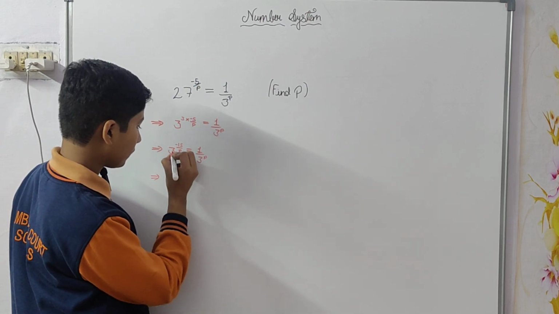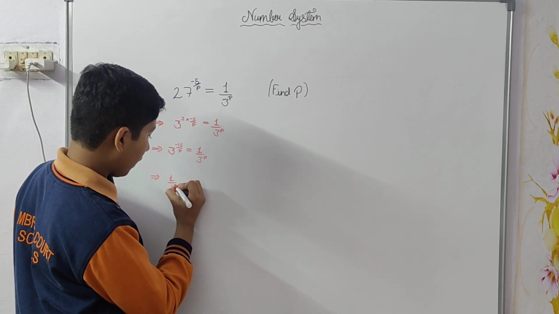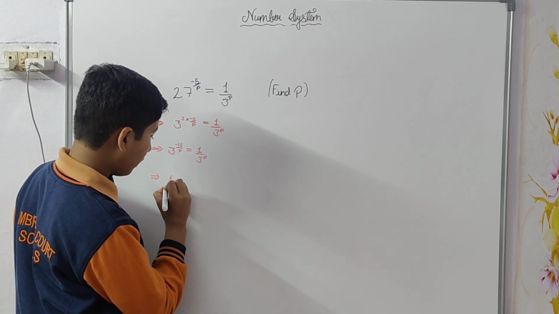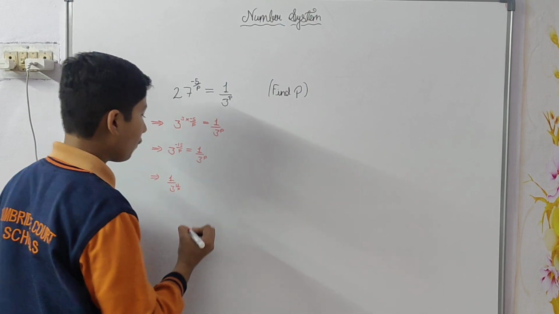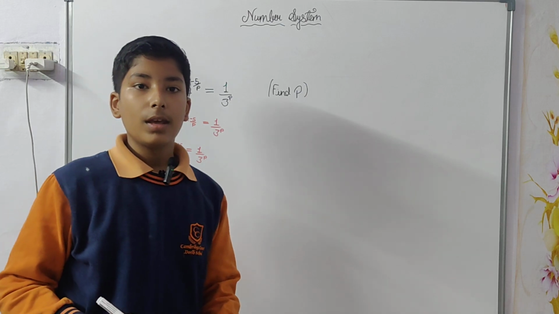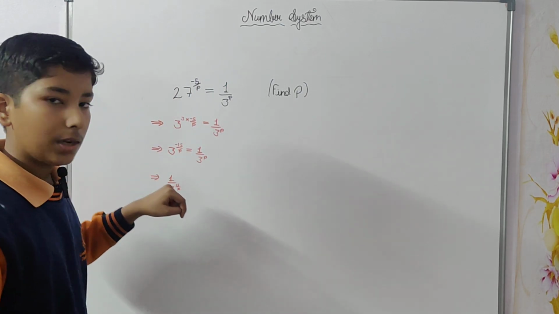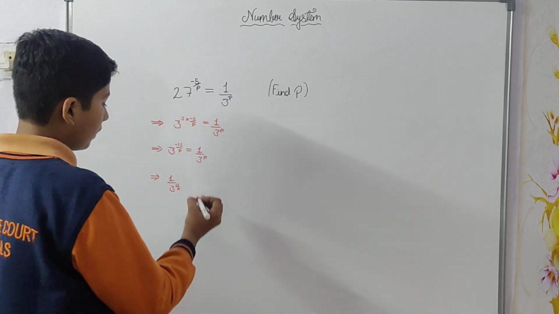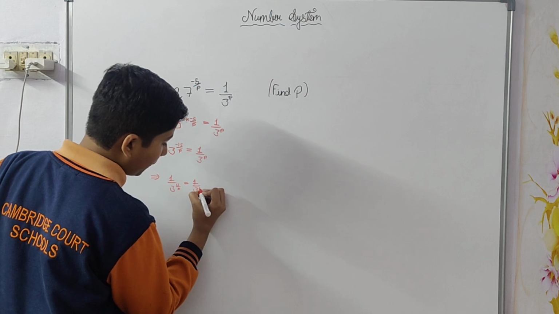Now 1 by 3 to the power minus 15 by p. Why? Because the power was negative, so we will just take the reciprocal of the number to make the power positive, equals 1 by 3 to the power p.